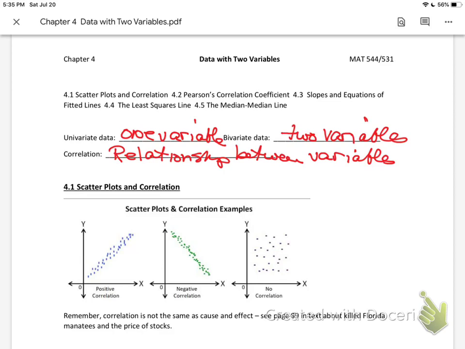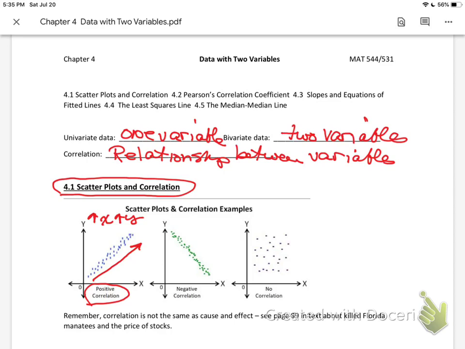So 4.1 talks about scatter plots. If you plot your data, and this is bivariate data because you have X data and Y data, and you get this kind of pattern, what you're seeing is as you increase the X's, the Y values also increase. That's a positive correlation.